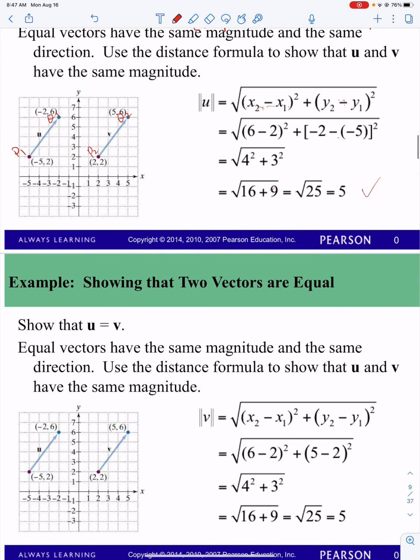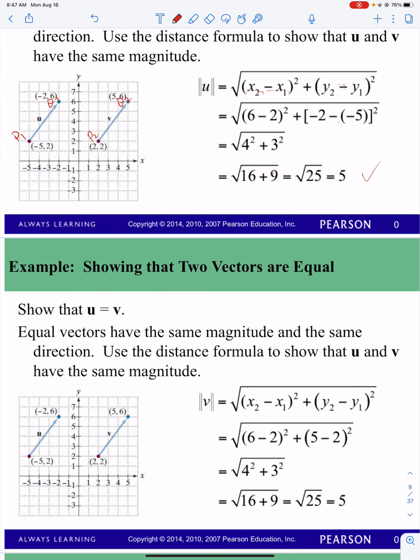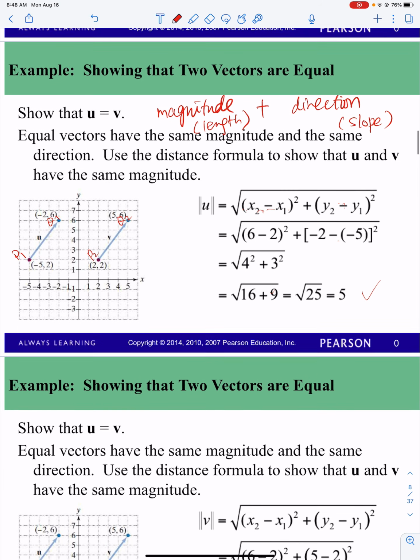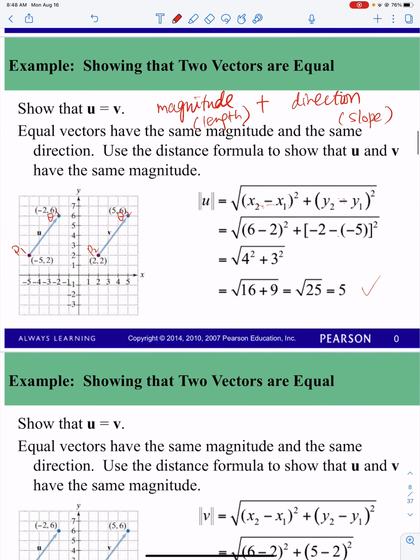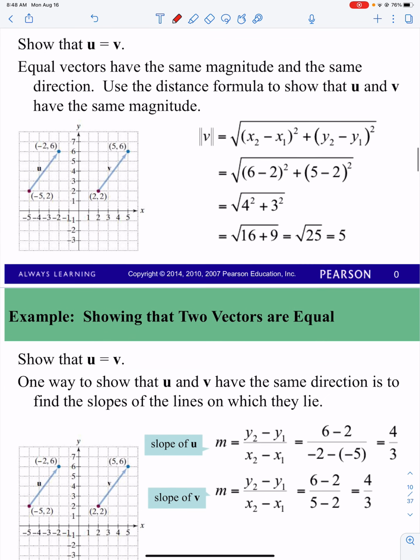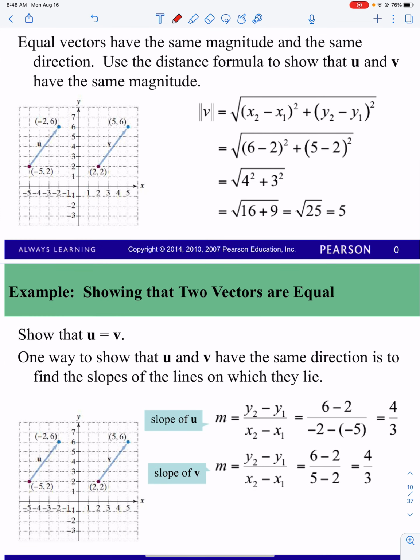And how could you find the direction? Direction comes from the slope. What is the slope again? It is y2 minus y1 over x2 minus x1.